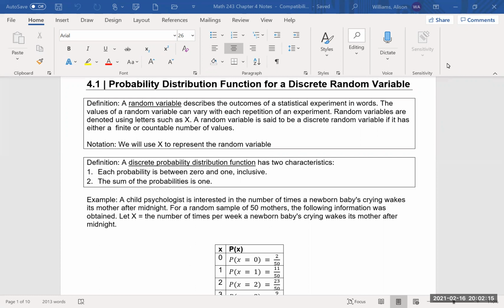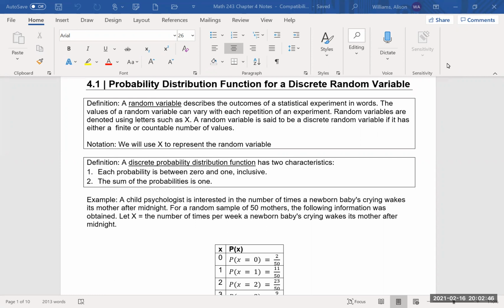For a random sample of 50 mothers, the following information was obtained. Let X equal the number of times per week a newborn baby's crying wakes its mother after midnight. That's our random variable, the thing we're studying. And X would take on different values in this problem. So maybe X is 0, meaning that the baby doesn't wake the mother up 0 times that week after midnight. So that's what a random variable is.